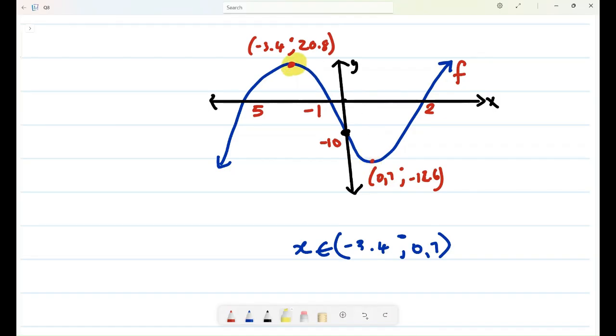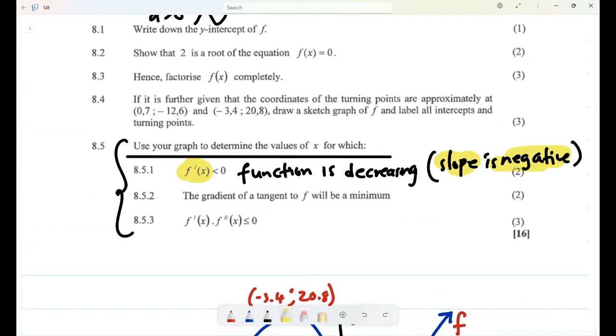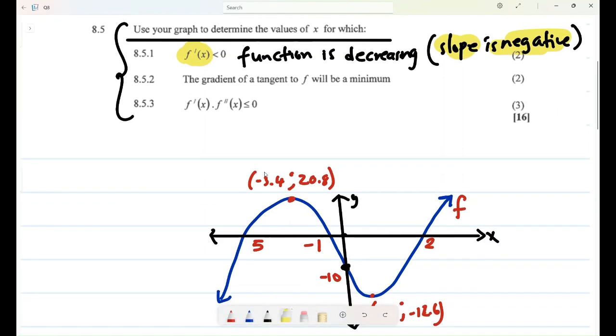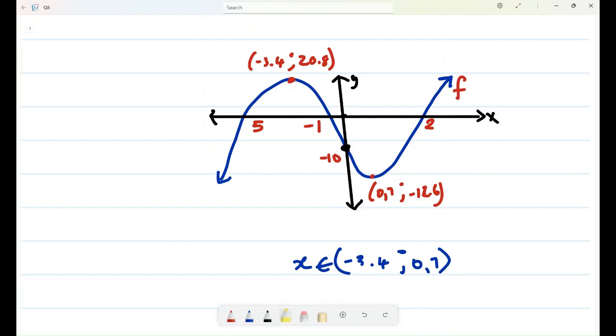But please take note of this. Where our derivative is less than 0, I'm going to say from this point to this point. But I am not including those points. Why? Because at those points, my gradient is not decreasing or increasing.